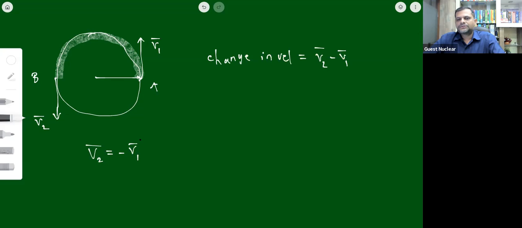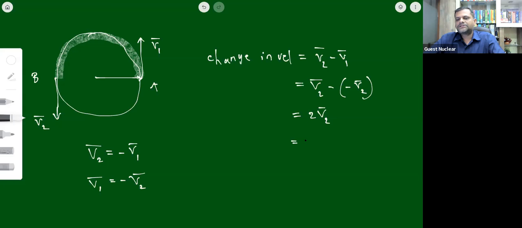Or v1 bar can also be written as minus of v2 bar, and hence we can replace one for the other and get v2 bar minus, now in place of v1 bar, minus v2 bar will come, so that v2 bar minus of minus v2 bar will be 2 times v2 bar, correct?